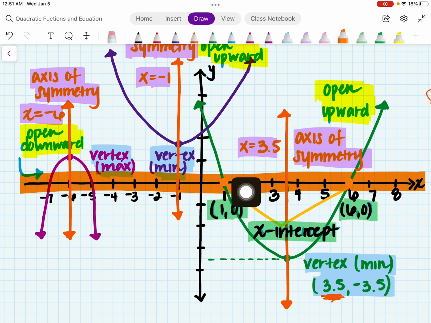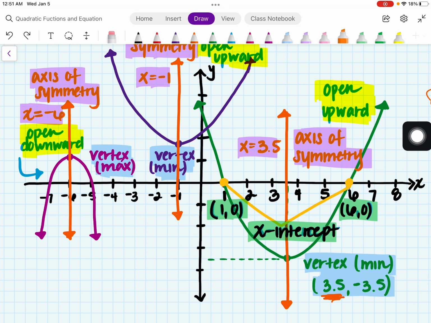The answer, guys, is no, it doesn't cross it. Purple doesn't have any x-intercept, so we're not going to worry about that one.